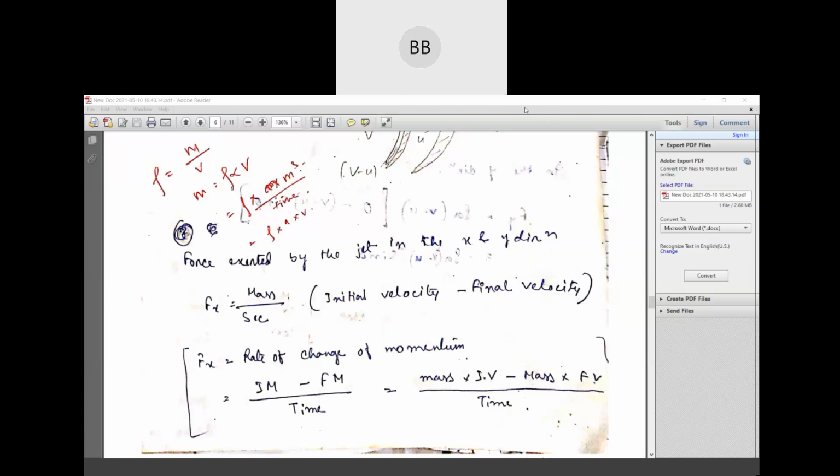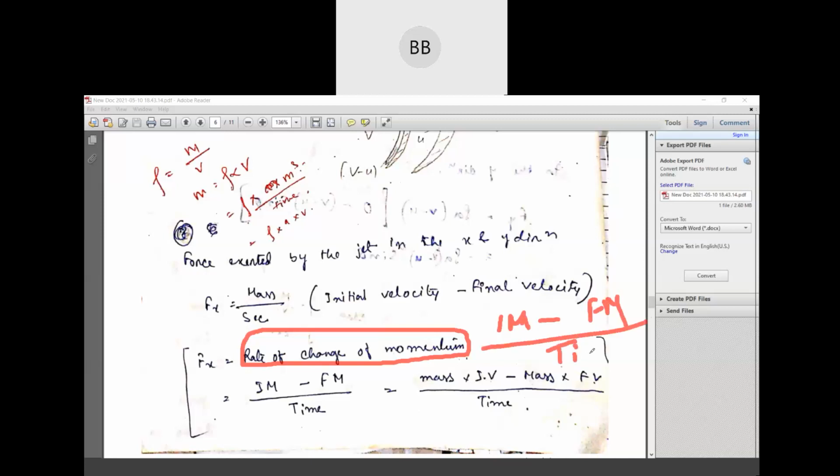Again, F of x is nothing but rate of change of momentum. What is rate of change of momentum? Initial momentum minus final momentum divided by time. Momentum is mass into velocity.